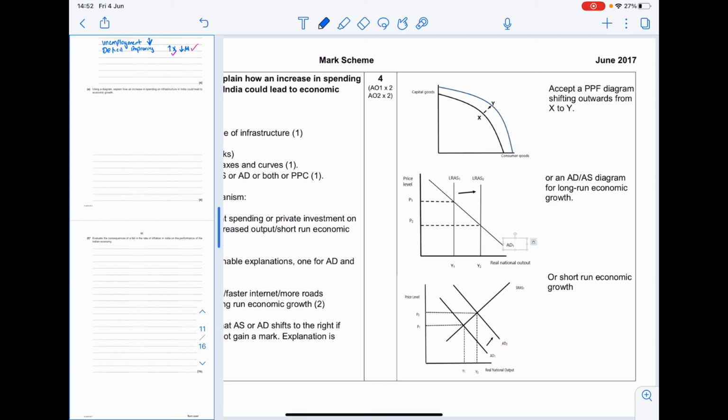So a shift outwards from X to Y. Alternatively, you might want to shift the long run aggregate supply curve to the right, because that is showing that you've got, I suppose in some ways, lower cost of production, but you're increasing your maximum potential output because you've got better factors of production. Or you might increase aggregate demand, because infrastructure is investment, a component of aggregate demand, or maybe the infrastructure could be classed as being government spending.